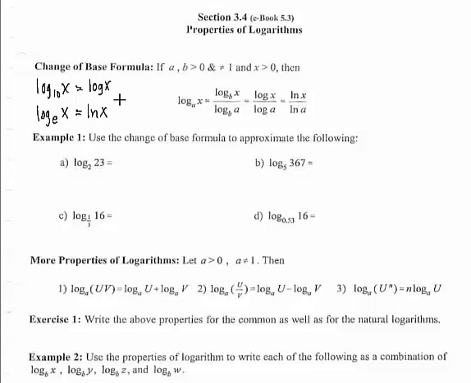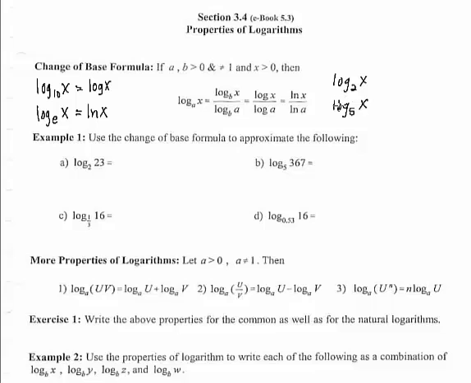Okay. The TI that I use in class actually has a log base function where I can change the base of a log function. But some calculators don't have that. They only have these two standard ones, common log and natural log. And so it's very helpful to be able to change from a log with a base of perhaps 2, or any other base for that matter, log base 5.